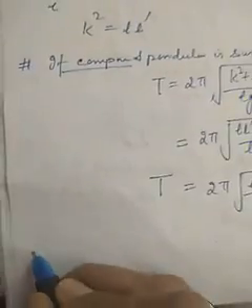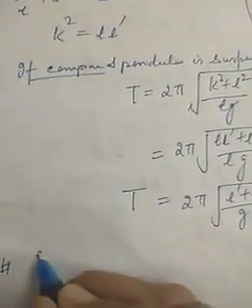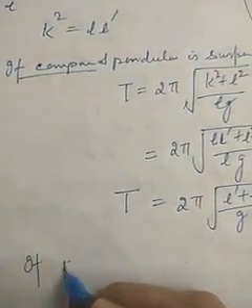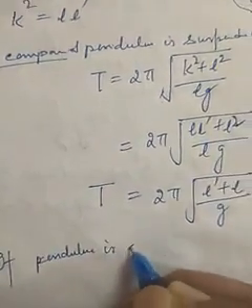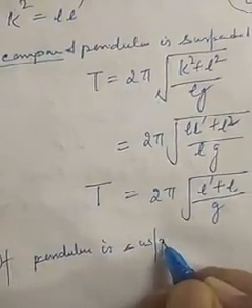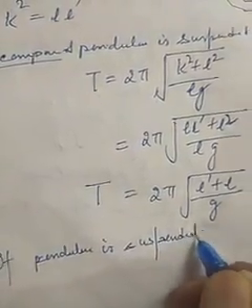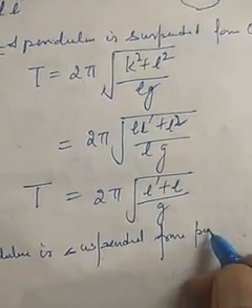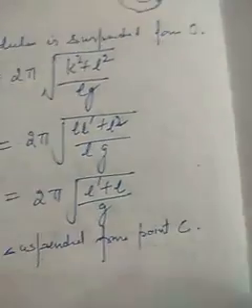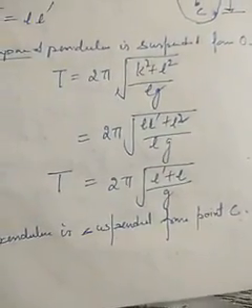So this is the second part, that if the pendulum is suspended from point C, the point of oscillation.